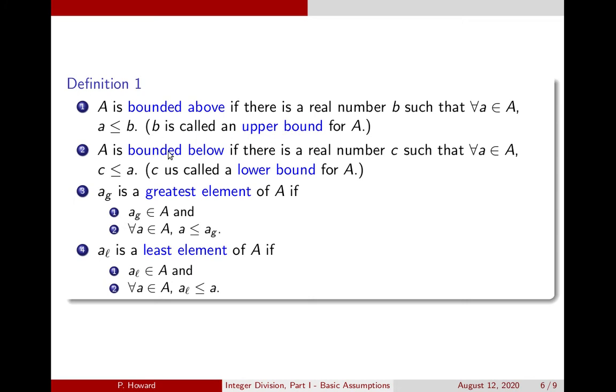And the definition of bounded below is similar. Capital A is bounded below if there is a number c which is less than or equal to every element of A, and c is called a lower bound.